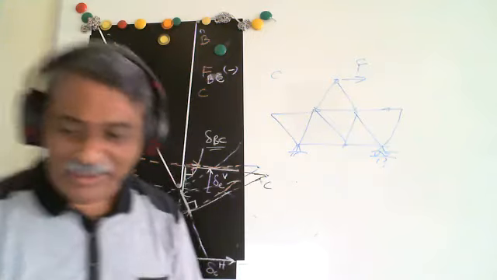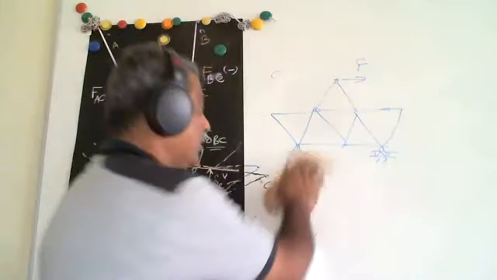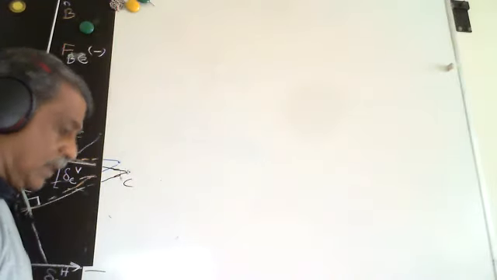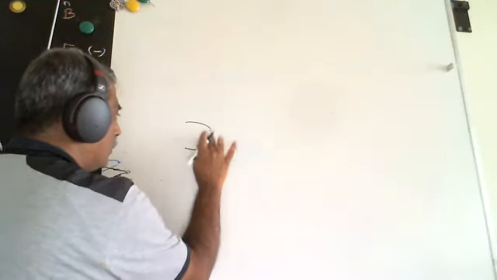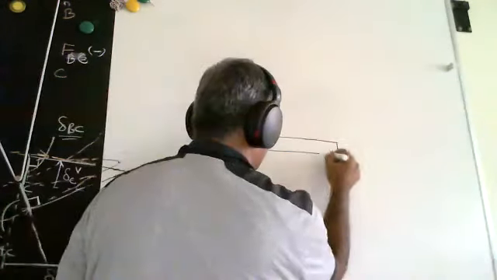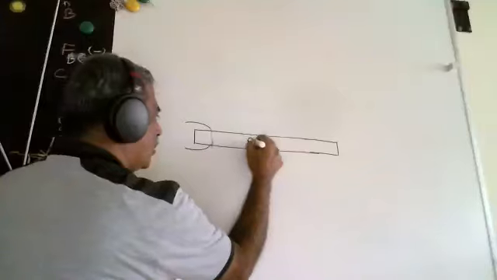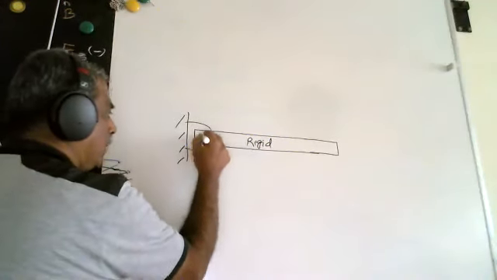All right, okay, good. Now, the second concept. Let me just rotate it this way. Now, let's see if we can solve this. I'm going to have a rod, an axial rod like this. Let's say this is a rigid rod, pinned like this.